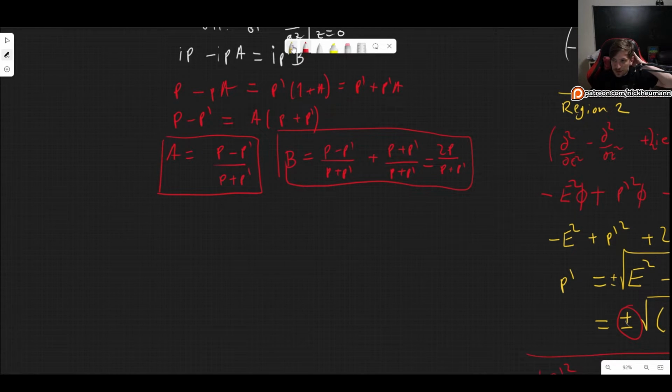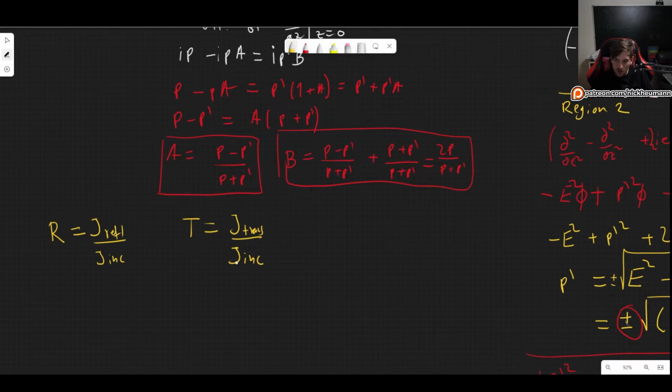Now, to find the reflection and transmission coefficient, which is actually what we want to do, we have to keep in mind that the reflection coefficient is the probability current of the reflected wave divided by the probability current of the incident wave, and the transmission coefficient will be the probability current of the transmitted wave divided by the probability current of the incident wave.